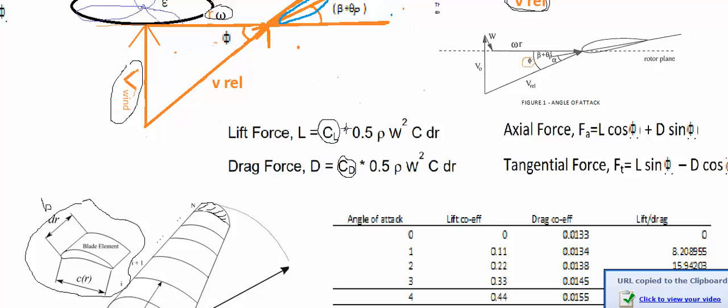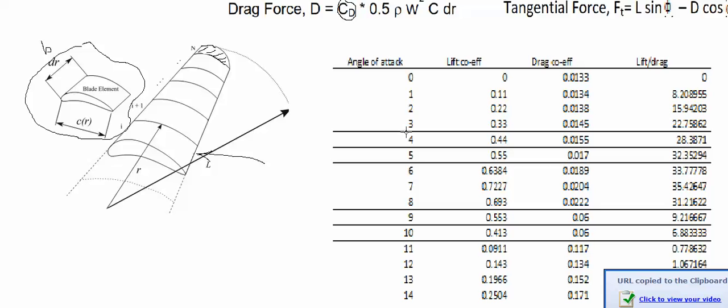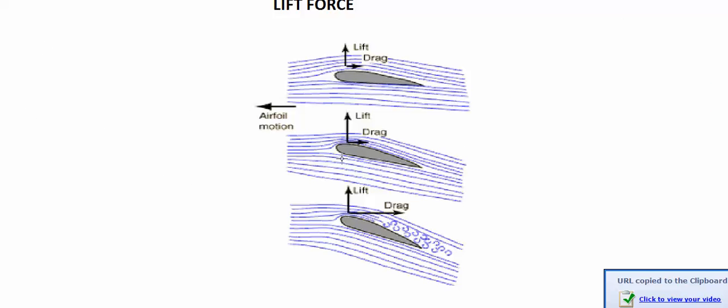And here is where the coefficient of lift comes into the picture. As we can see, as the angle of attack changes, the lift changes, because technically it's nothing but the difference in pressure between the upper side and the lower side of the blade.